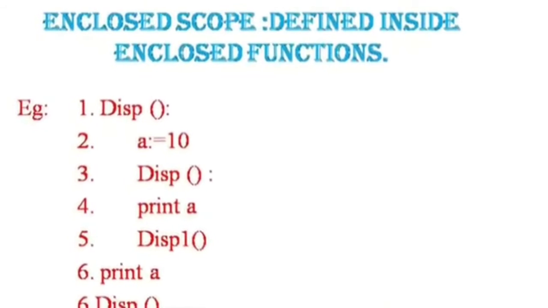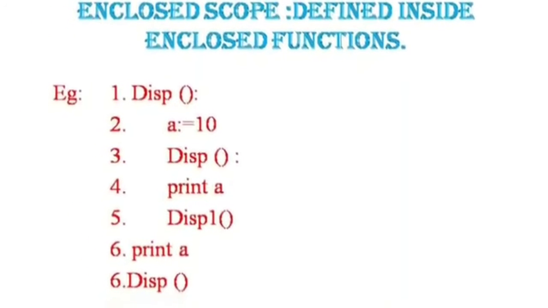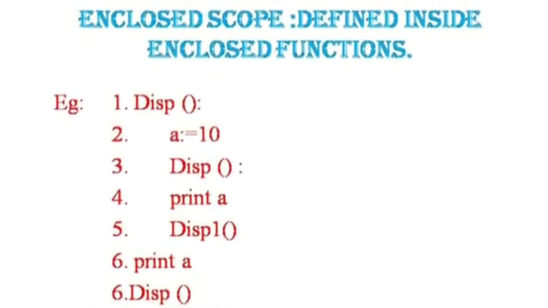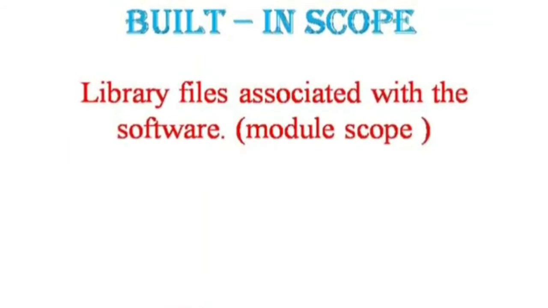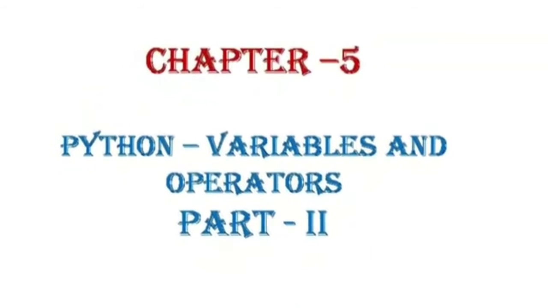When the compiler searches for the variable, it will search the local scope. So in the first search, disp prints A equal to 10. Then it will search for the enclosed scope and again the output will be printed as 10. Last is the built-in scope which we will find in part 2.